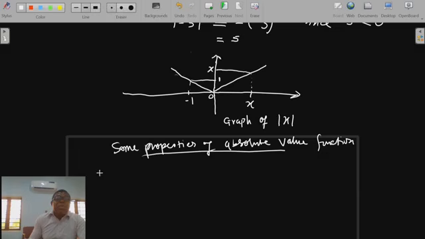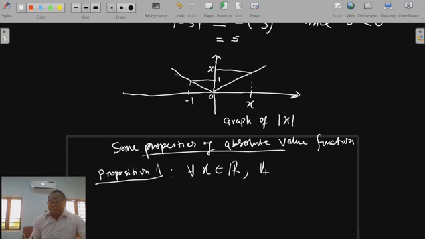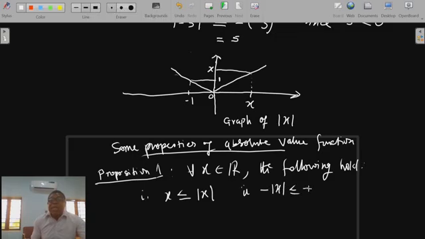Now, let me put this as proposition 1. For any x we pick in R, the following hold. 1 is that x is less or equal to absolute value of x. 2 is that minus absolute value of x is less or equal to minus x.